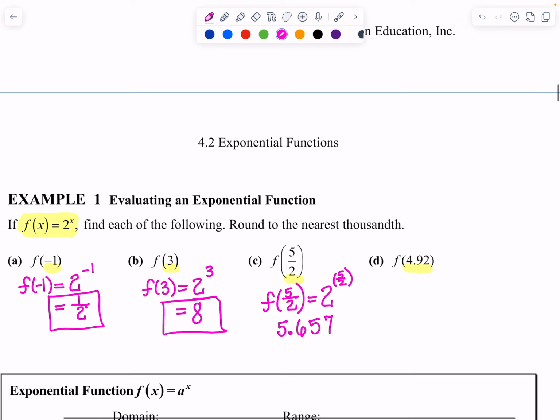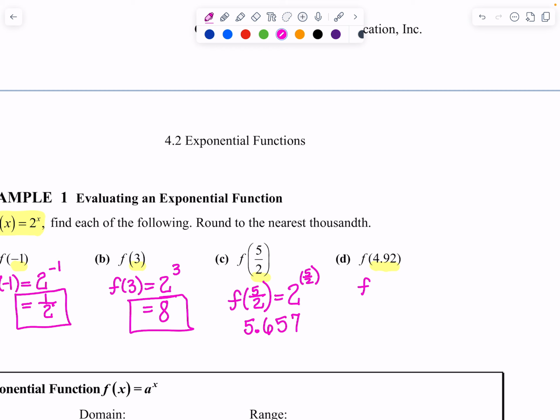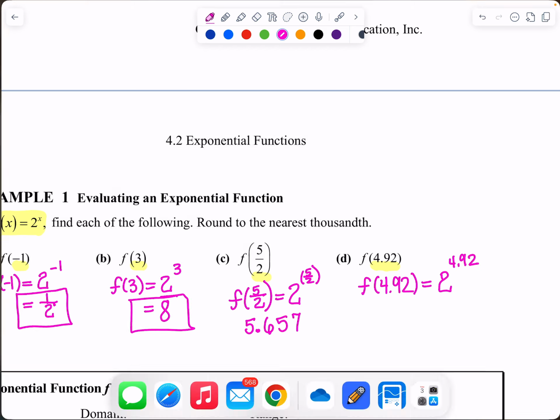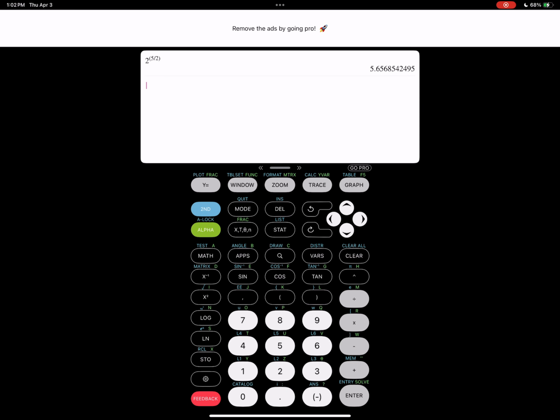The last one, I'm taking f of 4.92. Finding that, you raise 2 to the 4.92. I've got to put this in the calculator. Let's do it. 2. Once again, I hit my exponent key. You have to see how your calculator works.